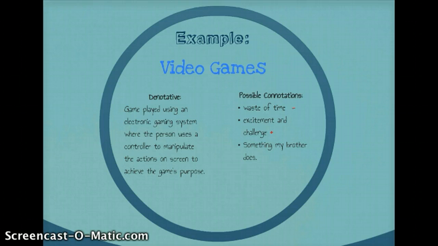So here's another example. The denotative meaning of a video game is that it's a game played using an electronic gaming system where the person uses a controller to manipulate the actions on screen to achieve the game's purpose. Sounds about as exciting as any dictionary definition would be. Whereas the possible connotations, both positive and negative, might be: someone may think video games and think, waste of time, or they may hear the word video games and get excited and feel a sense of challenge.